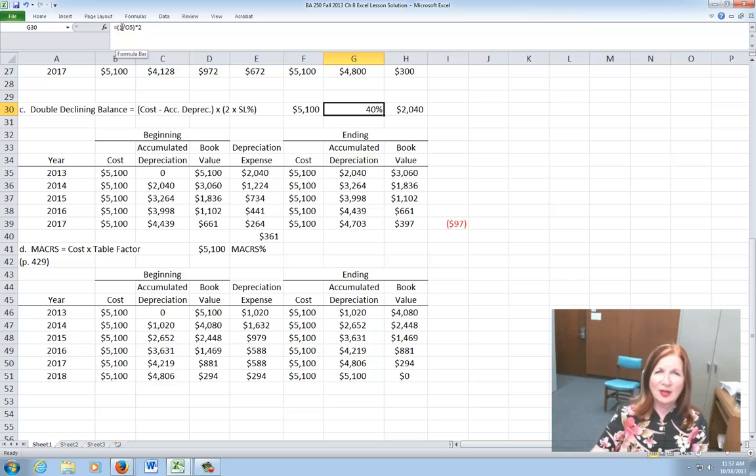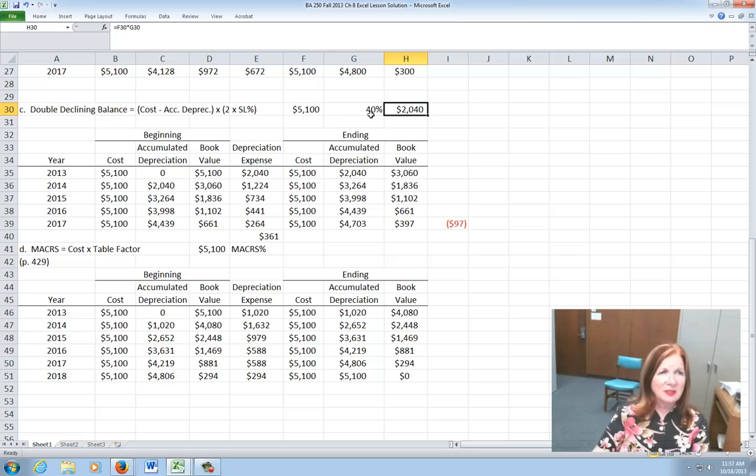So that means you'd have to divide the life into 1.0 to get whatever percentage of 1 that number of years computes to. So 1 divide by our cell for the 5-year life times 0.2. That gives us 40%.